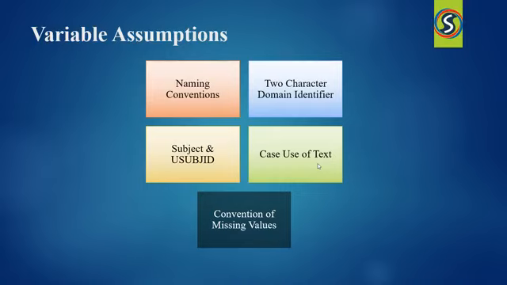Coming to subjects, all records with the same unique subject ID value are a group of records that describe the subject. Across subjects means records with different unique subject IDs. All records with the same study ID value are a group of records that describe your study. All records within the same domain value are a group of records that describe the domain.